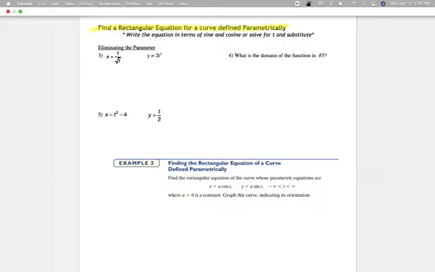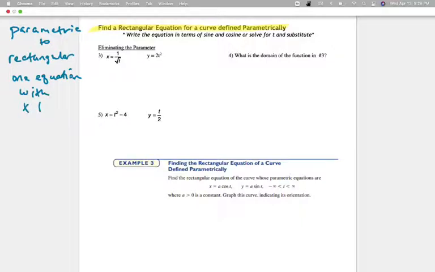So basically, you're going to go from parametric to rectangular, which means you're going to have one equation with x and y. Right now we have two equations: x equals 1 over square root of t and y equals 2t squared.